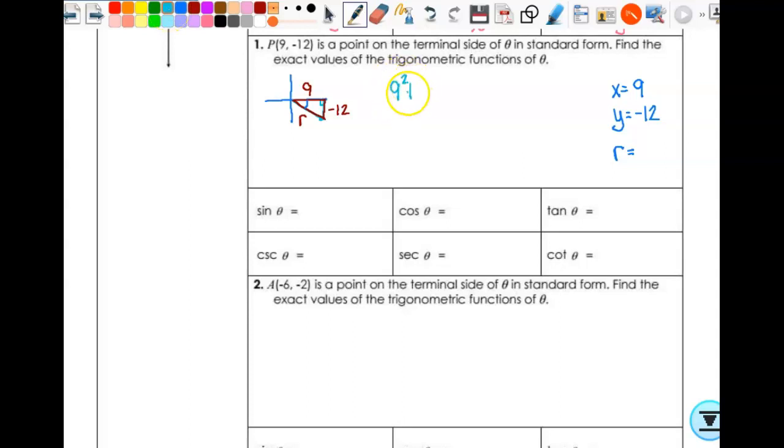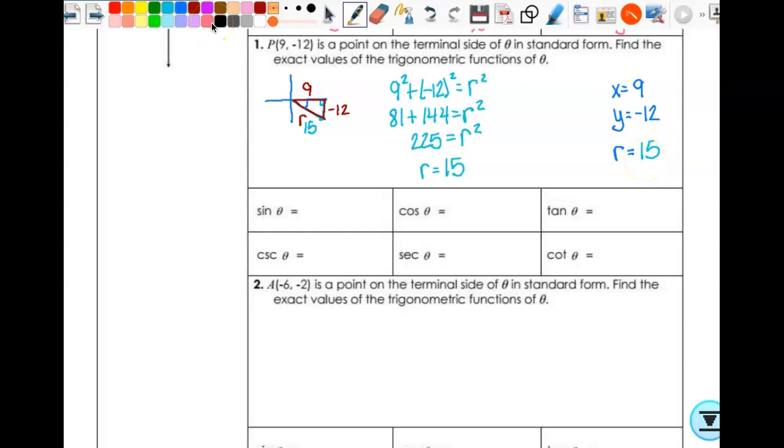So that's 9 squared plus a negative 12 squared equals r squared. So that's going to be 81 plus 144 equals r squared. So 225 equals r squared. So r equals 15. Yes, it's plus or minus, but since we know that the radius is always positive, we just get a positive 15 here.